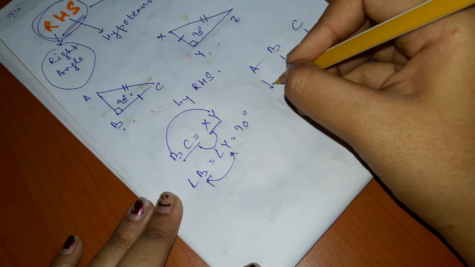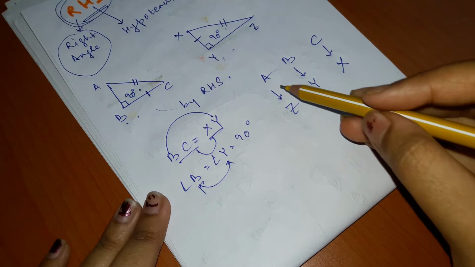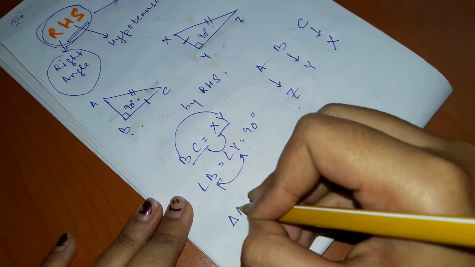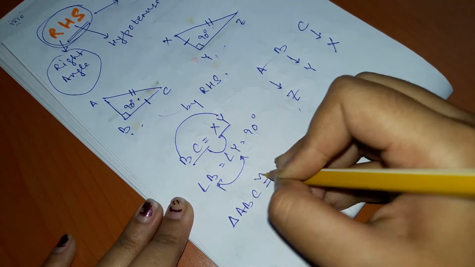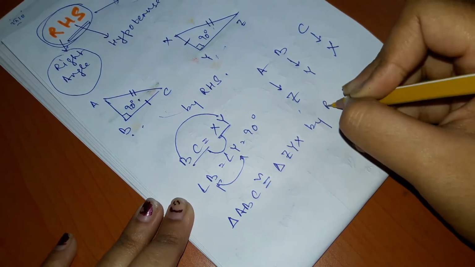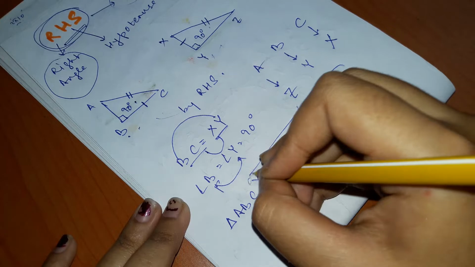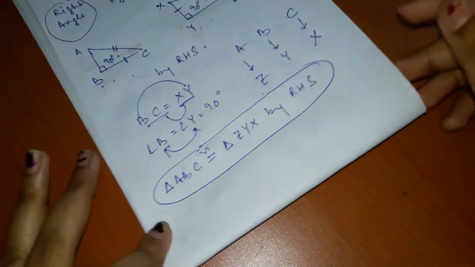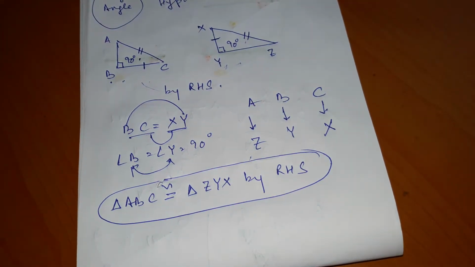Z. It means Z will be under A. So I can write triangle ABC is congruent to triangle ZYX by RHS congruency. So that was RHS.